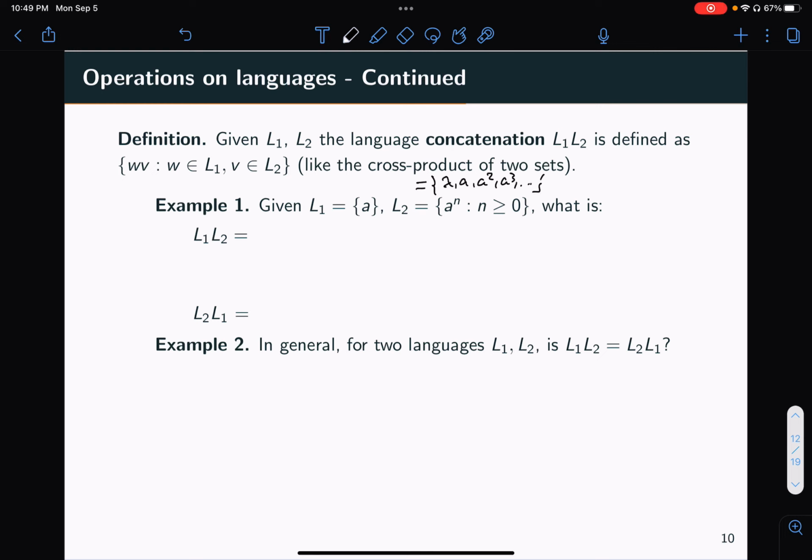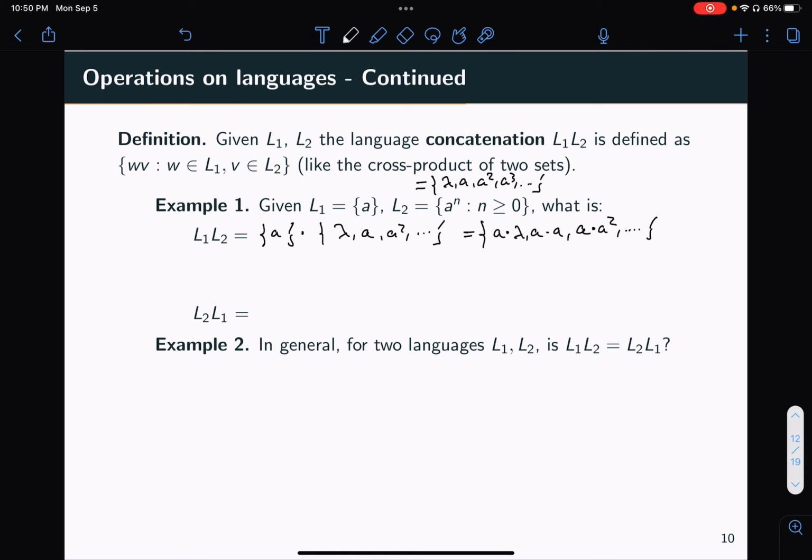Then what is L1, L2? Well, it's the language A concat the language lambda, A, A2, and so on. And so what that looks like is you take A and then you concatenate it with lambda. You take A, you concatenate it with A. You take A, you concatenate it with A2, and so on.